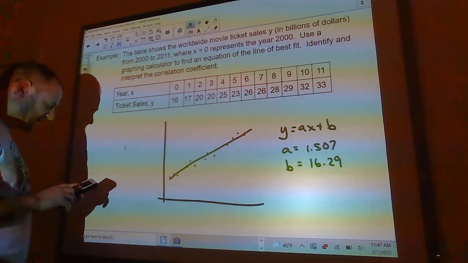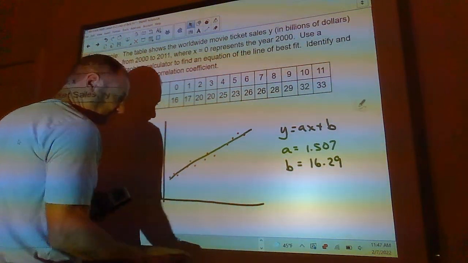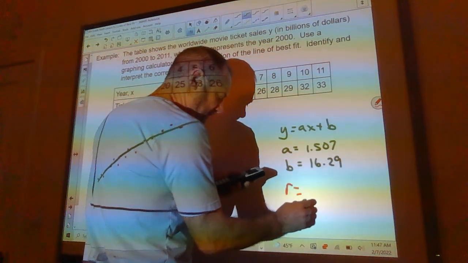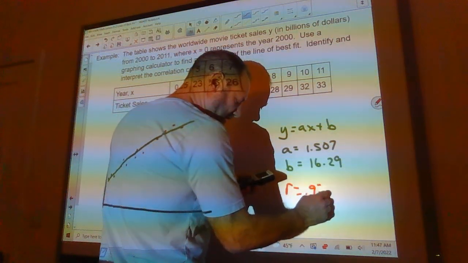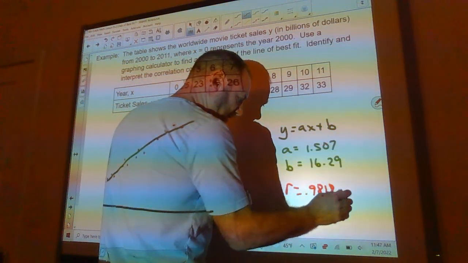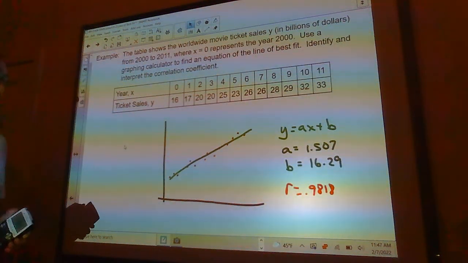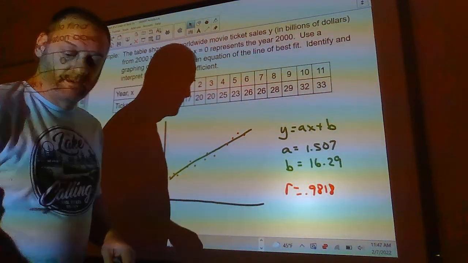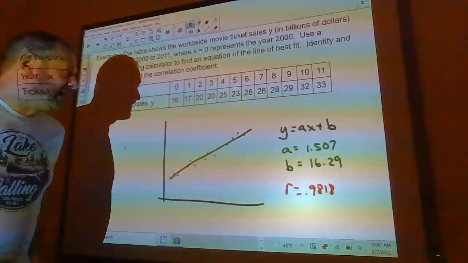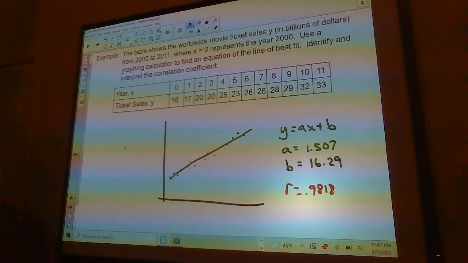Then I arrow down until I find the R value. It says R is 0.9818. That's a very good R value. That's a very positive correlation, so that line fits the data really well. There you go.